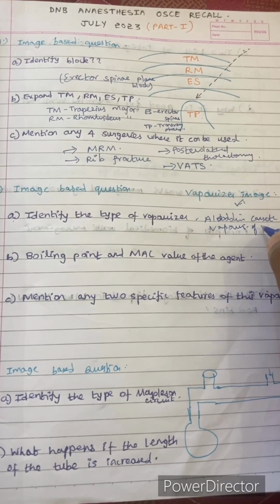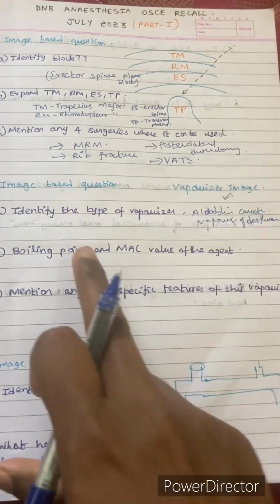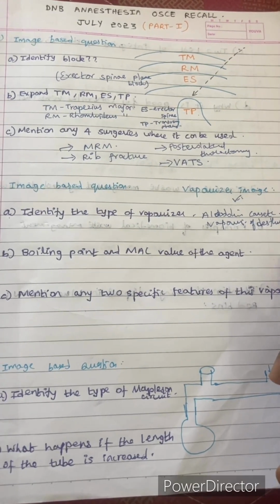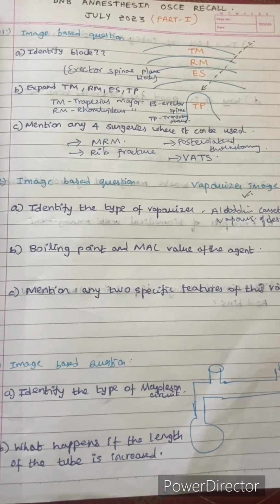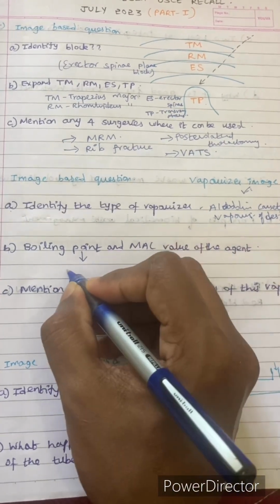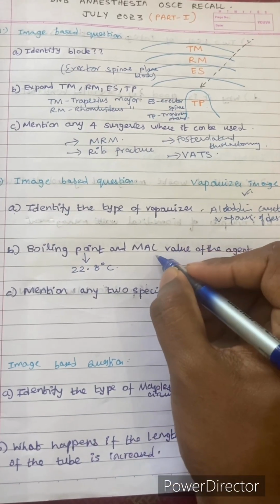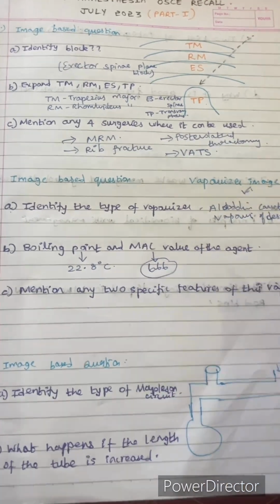The next question asks about the boiling point and MAC value of that vaporizer. The boiling point of desflurane is 22.8, and the MAC value of desflurane is 6.6.